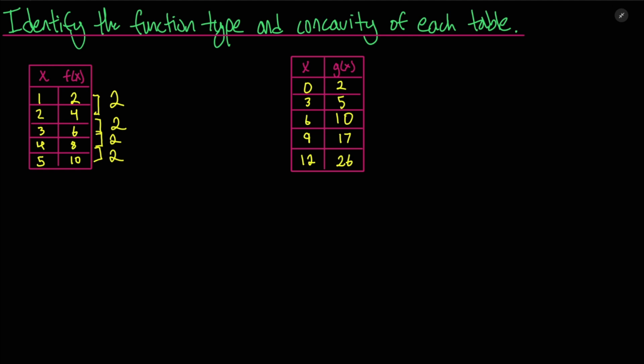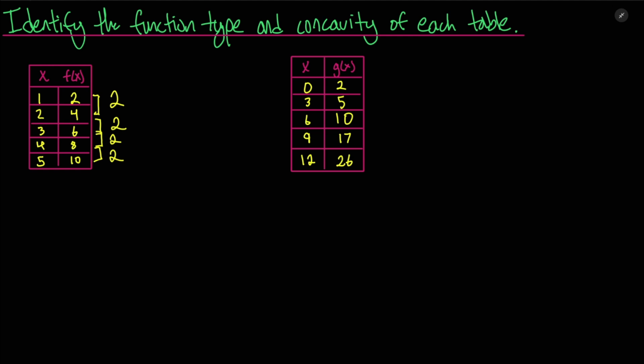Because over any length interval, notice how these are equal length intervals, right? But even if we go from 1 to 4, the average is still 2. If you want to calculate that out, that's going to be, what? 8 minus 2, that's 6, divided by 4 minus 1, that's 3. 6 divided by 3 is 2.